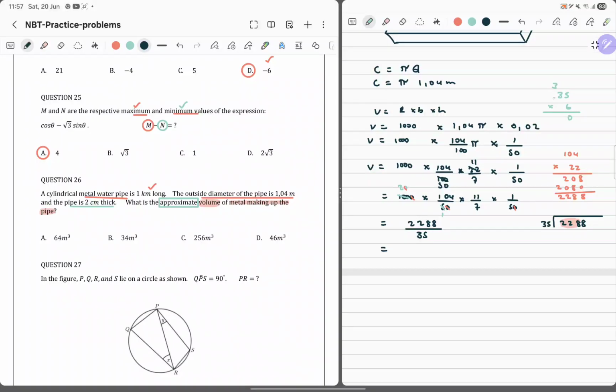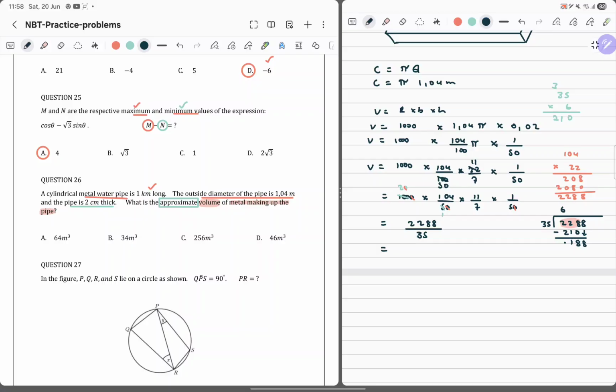Carry the 3. 6 times 3 is 18 plus 3. 18 plus 3 is 21, right? This is 210. So yeah, it goes 6 times. We subtract. This is 8. This is 1. This is 0. We drop the 8.